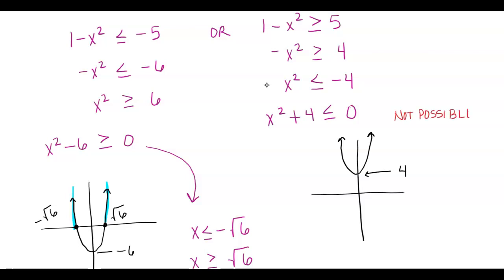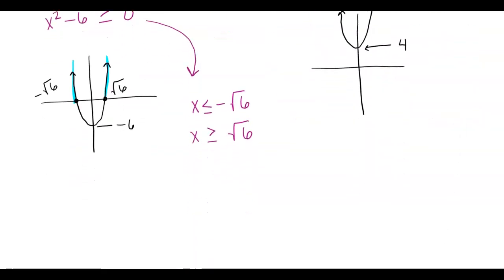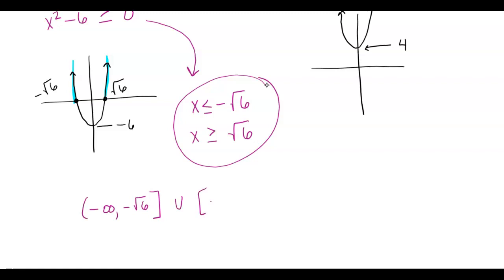So we don't need to consider this part in our domain at all. So our final answer is just going to come from this part. We're going to have the set from negative infinity to negative root 6, including that endpoint, and then from the square root of 6 up to positive infinity.